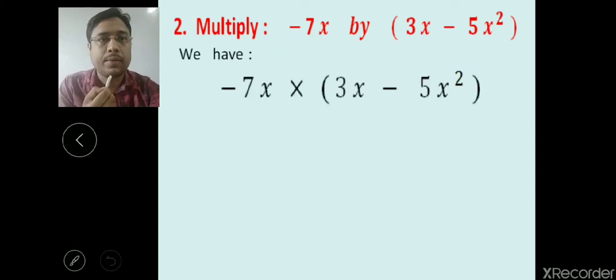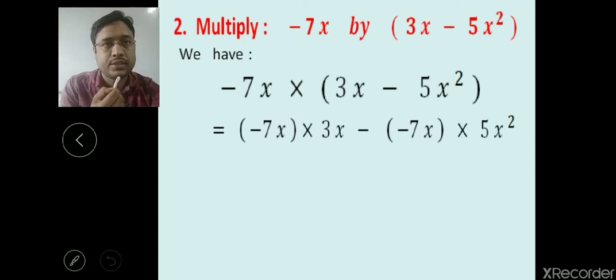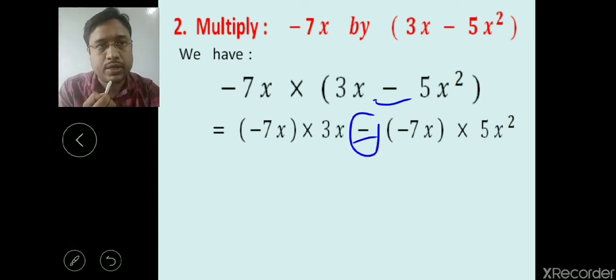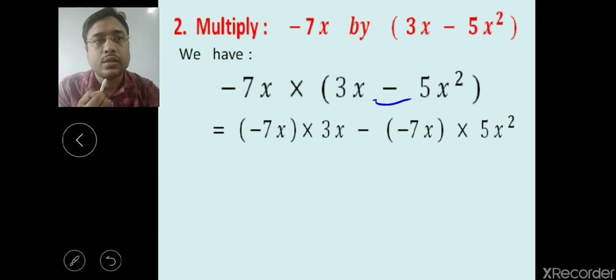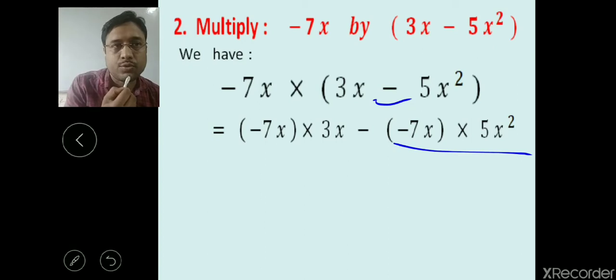So what will happen: minus 7x into 3x minus 5x square. Minus 7x first will multiply to 3x, and then the sign is minus, so here also you have to write minus only, because the sign in between is minus. Now minus 7x into 5x square.